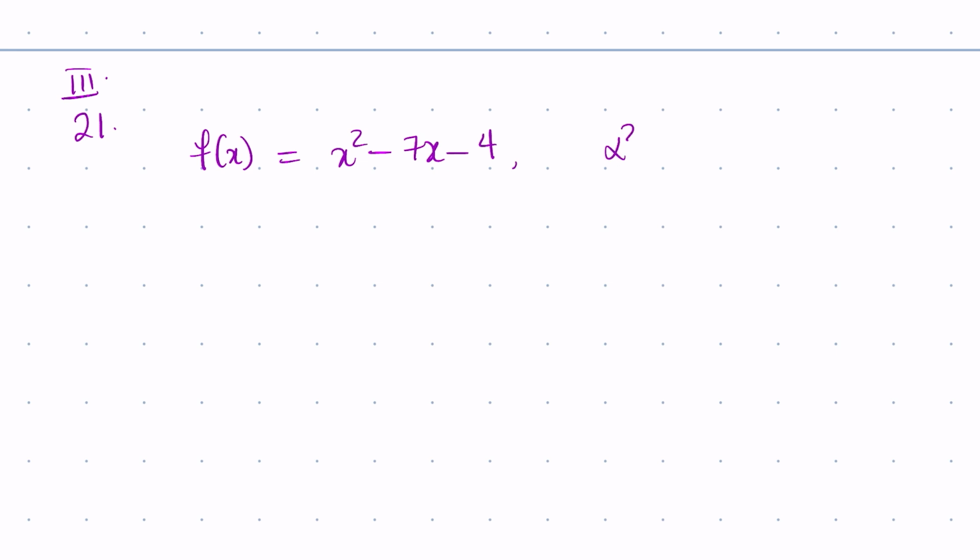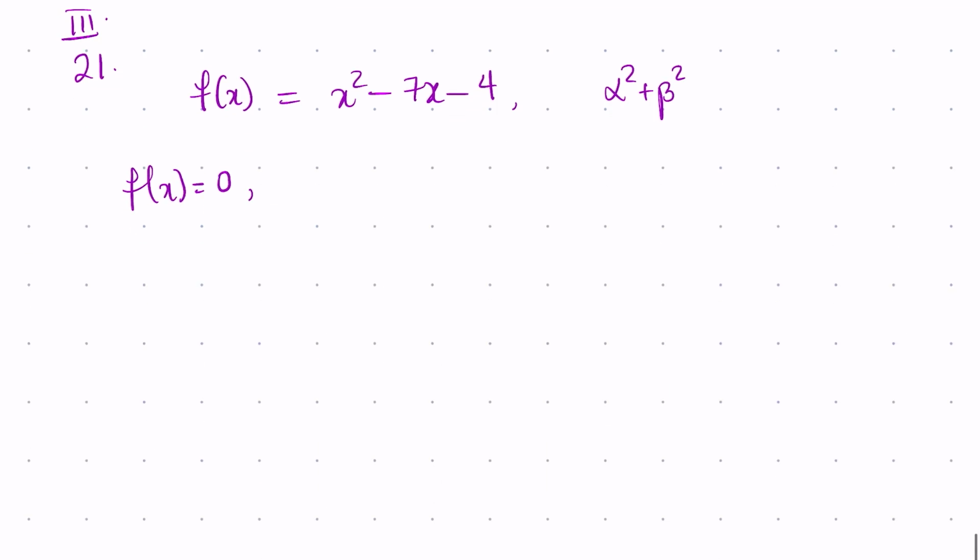Okay, so if alpha and beta are two zeros of the quadratic polynomial, okay, so f of x is equal to x squared minus 7x minus 4, then find the value of alpha squared plus beta squared. First of all, let's set f of x is equal to 0. So now this becomes a quadratic equation. So x squared minus 7x minus 4 is equal to 0.